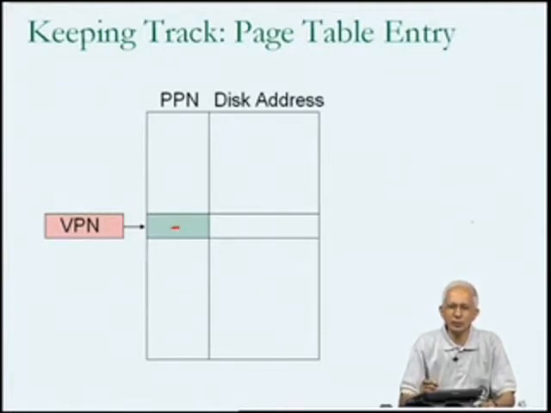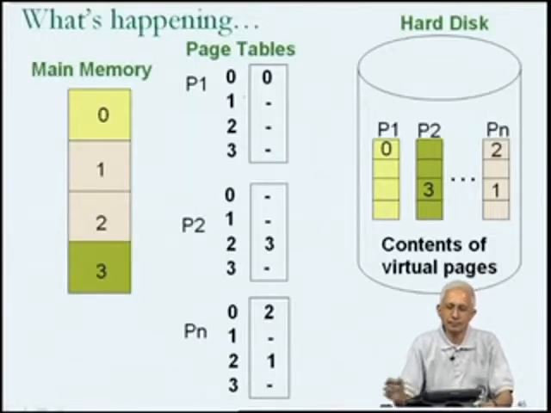And for the moment we don't know what a disk address would look like. We just assume that it is some information using which that particular page can be read out of the disk. And we'll learn more about disks later. But for the moment you could assume that the disk address is 30 or 40 bits of information using which the page can be identified and located on the disk. Right, so that's how we end up with this picture over here.